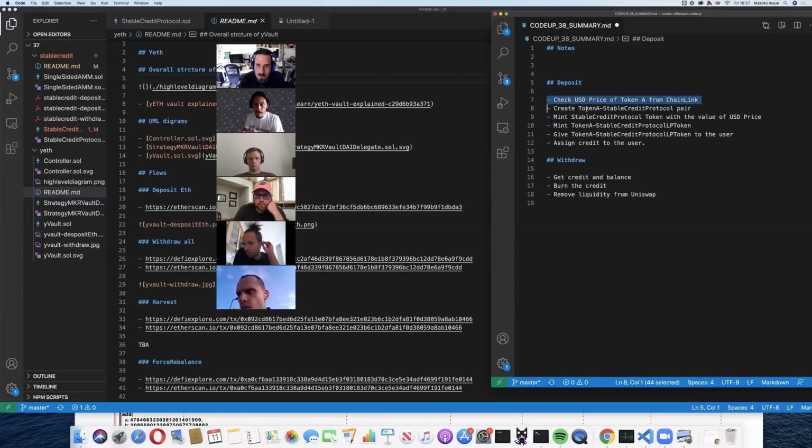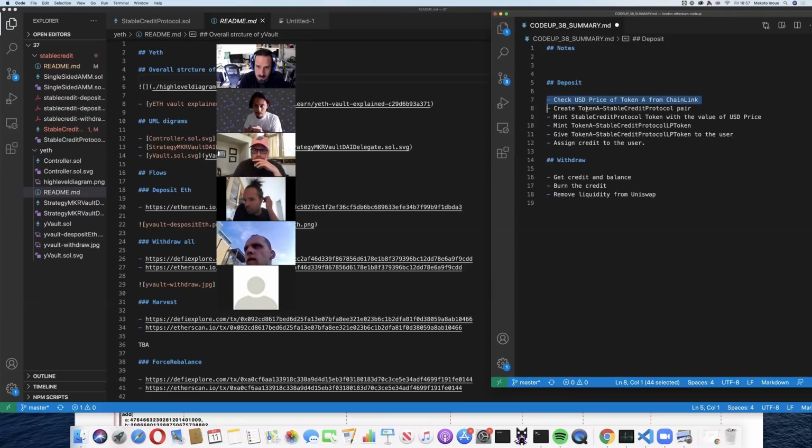Then you create a pair in Uniswap, and you mint the StableCredit token, which is the value of the USD price. Then you mint the LPT token and give the token to the user.